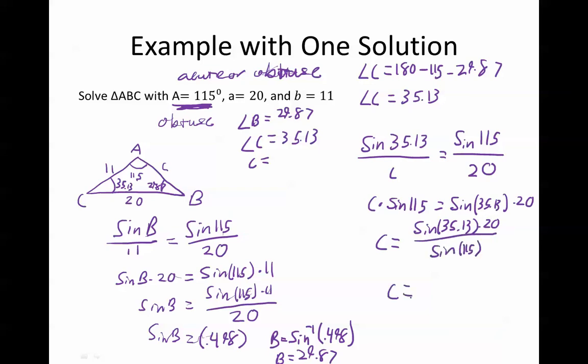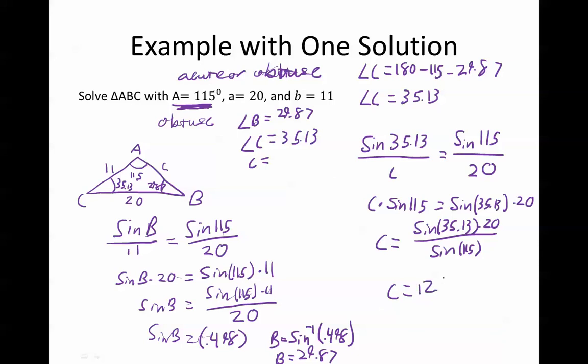And we do that up in our calculators, and we end up finding that to be, let's see here, sine 35.13 times 20 divided by sine of 115, 12.7.